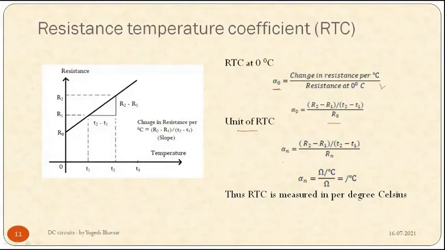We can have alpha n, that is RTC at n degree Celsius, R2 minus R1 by T2 minus T1 divided by Rn. We measure resistance in ohm and temperature in degree Celsius, so ohm per degree Celsius. Again, in the denominator there is resistance, measured in ohm. Ohm will get cancelled, and the unit is per degree Celsius. So RTC is measured in per degree Celsius.